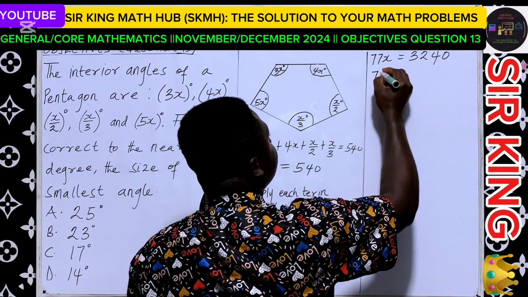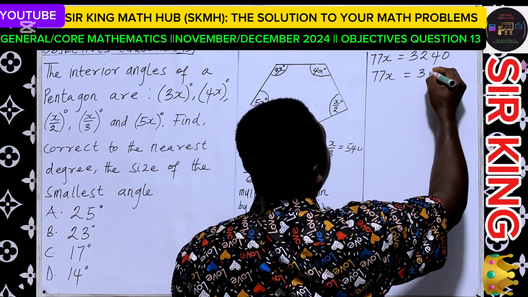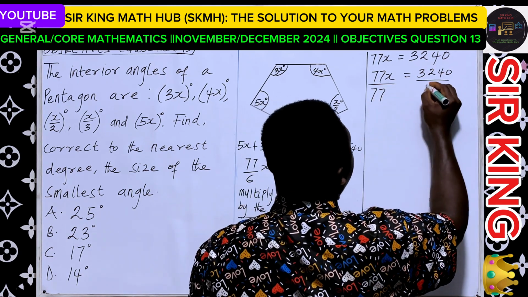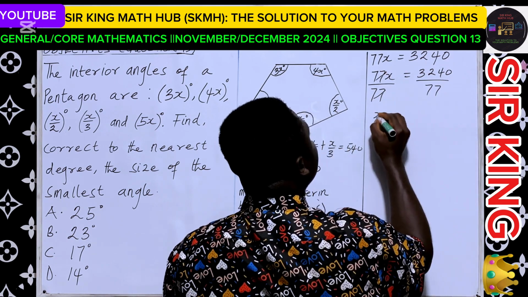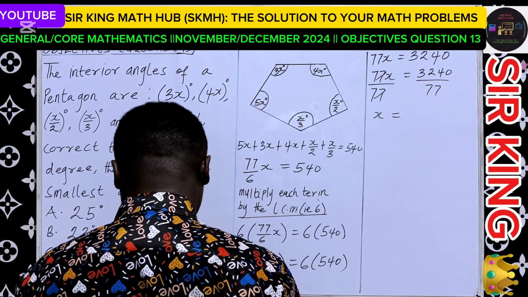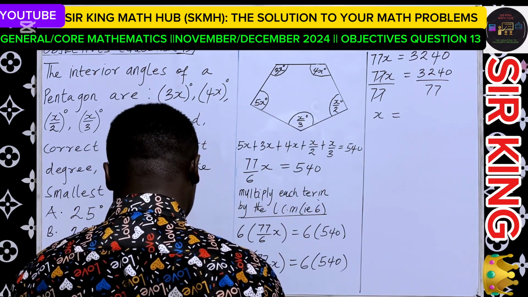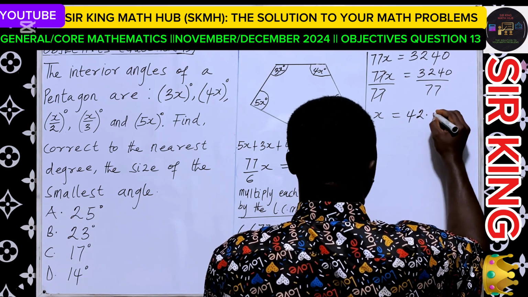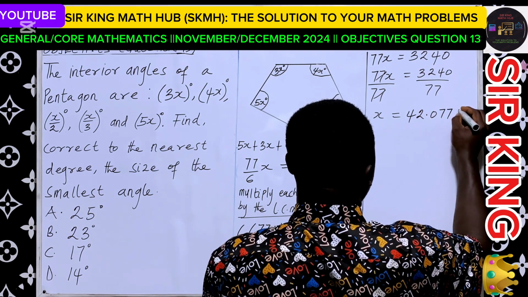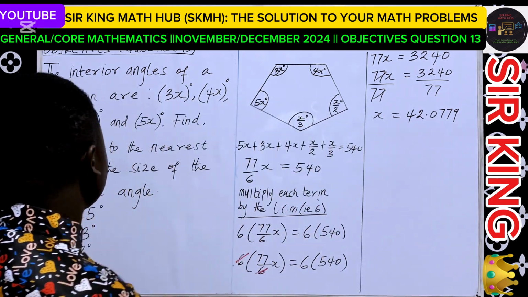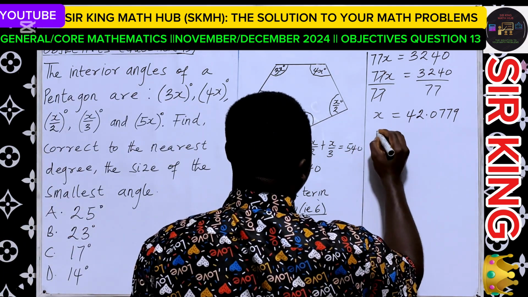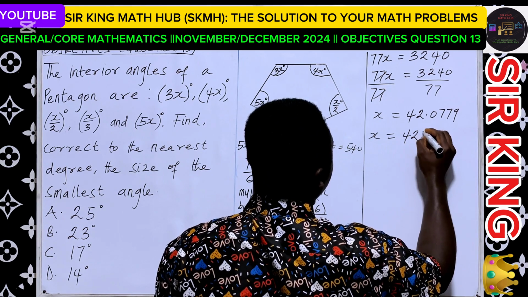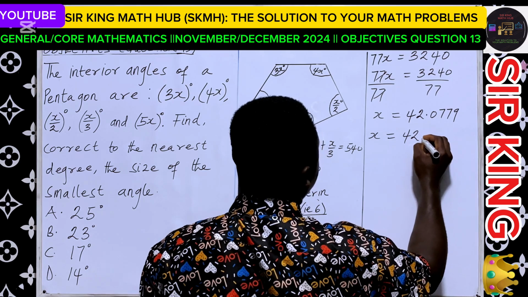We are looking for x, so we can divide each term by 77. So we have x as 3240 divided by 77, which is 42.0779. But we have to correct to the nearest degree. So to the nearest degree, x measures 42.